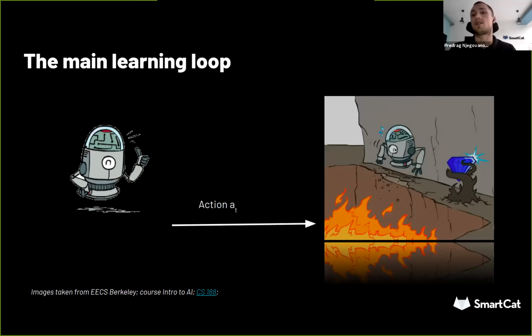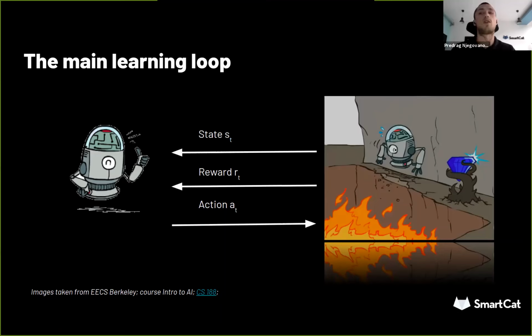It applies some actions in this environment. In return, it gathers some observation. By observation, I mean the state of the environment. It can be a visual state, such as an image, or it can be a numerical state, whatever we describe the state with. And it gets a reward.